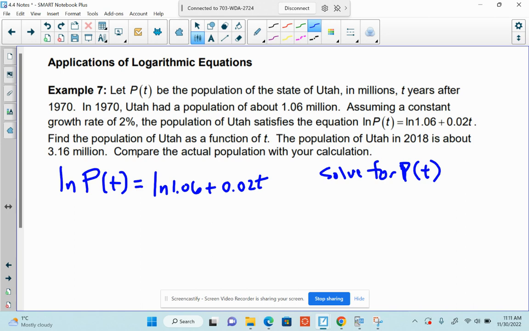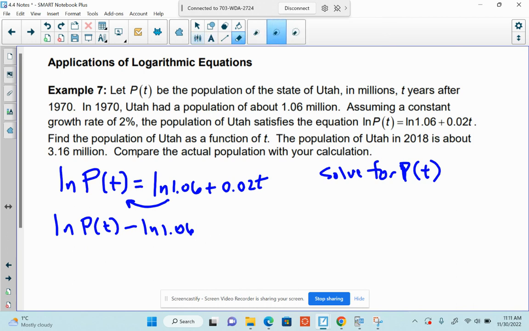So what we're going to do is move this term to the other side. We're going to subtract the natural log of 1.06 from both sides. Equals 0.02t.